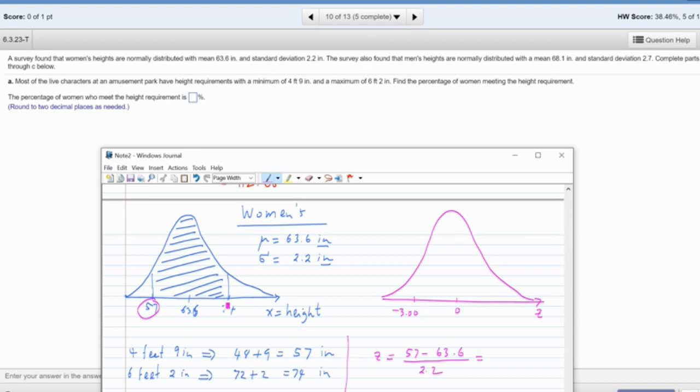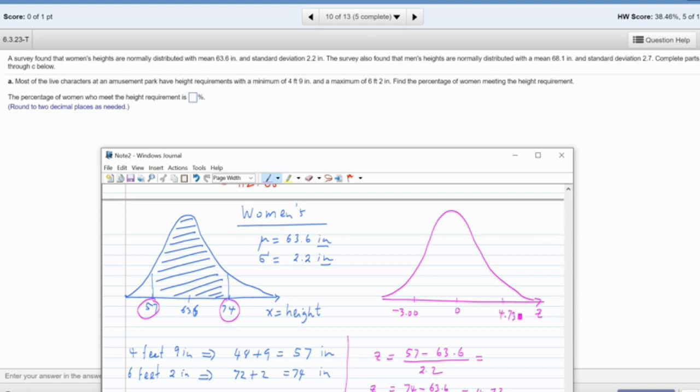Then we convert 74: 74 minus 63.6 over 2.2. Converted to two decimal places, I'm going to get 4.73.